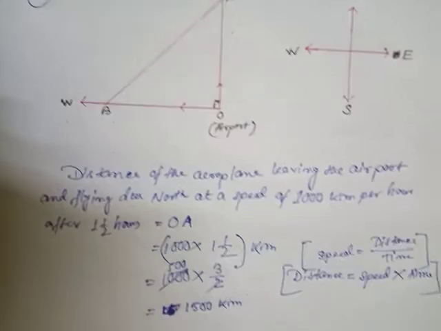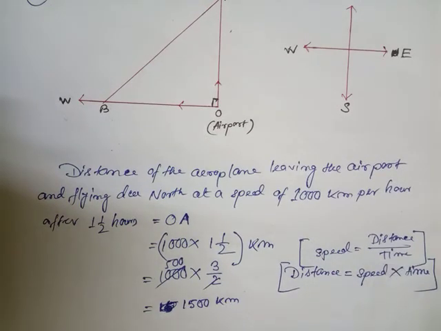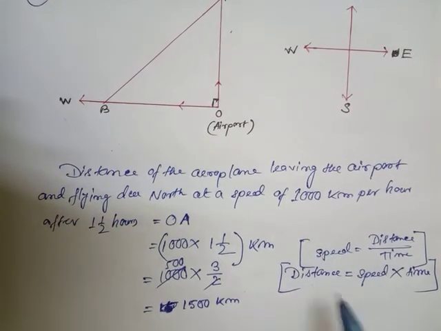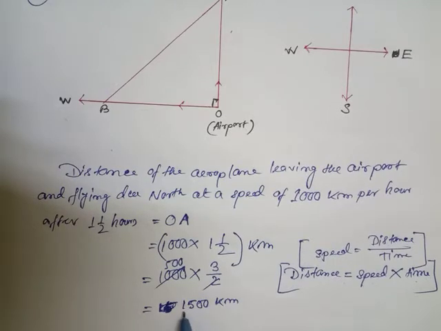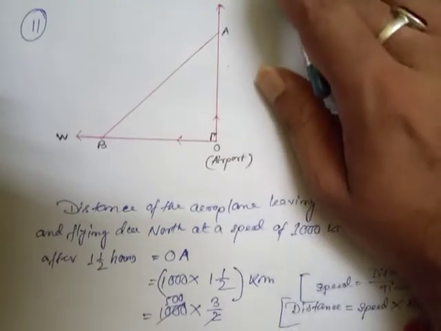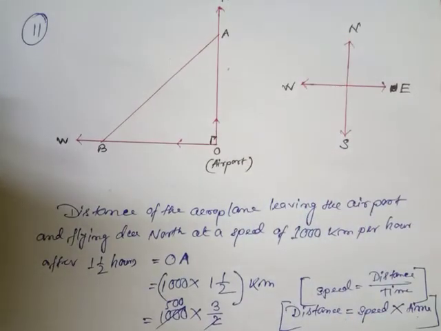Speed equals distance by time, but here we need to find the distance. That's why distance equals speed into time. Speed is 1000 km per hour and the time is 1.5. After calculating, 1500 km, this is the distance OA.